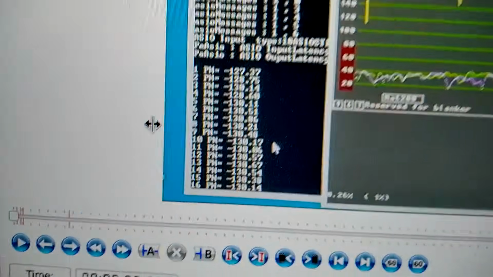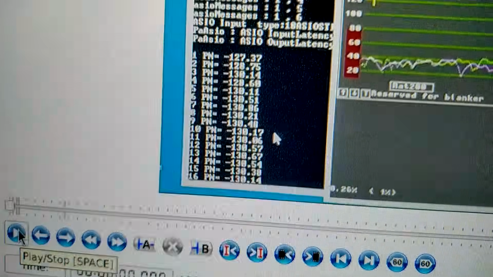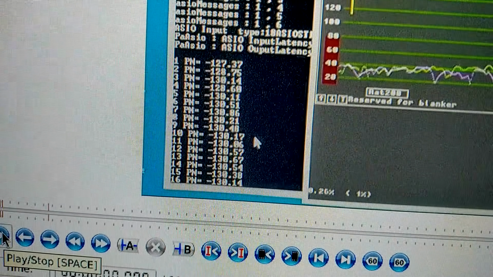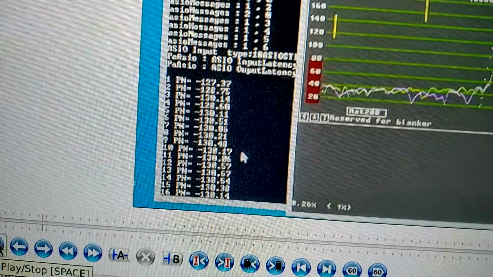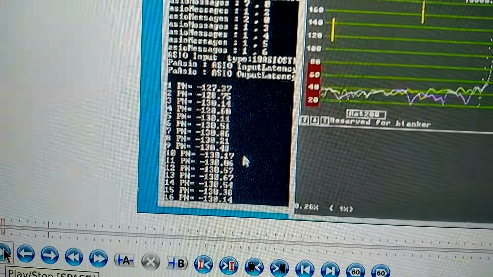And now I play it. It is 30 frames per second when I play it, but the recording was one frame every 10 seconds.